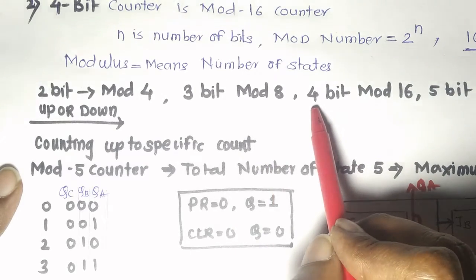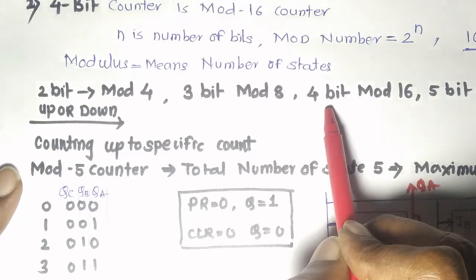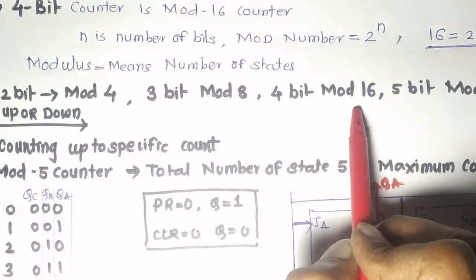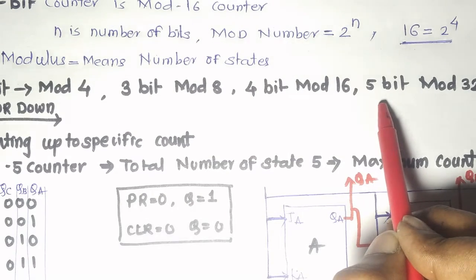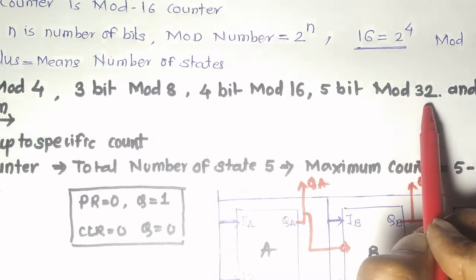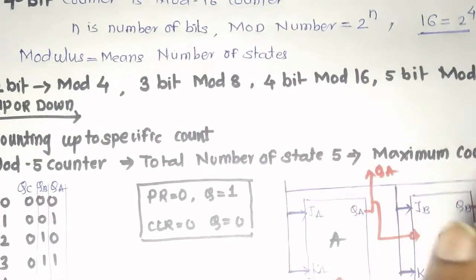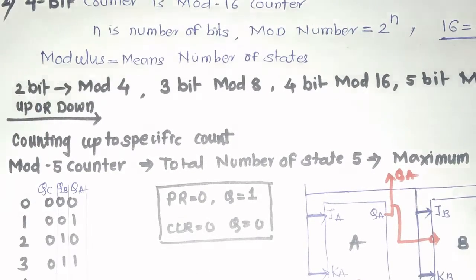Similarly, a 4-bit counter is called a mod 16 counter or modulus 16 counter. Then a 5-bit counter is also called a mod 32 counter or modulus 32 counter, and so on.